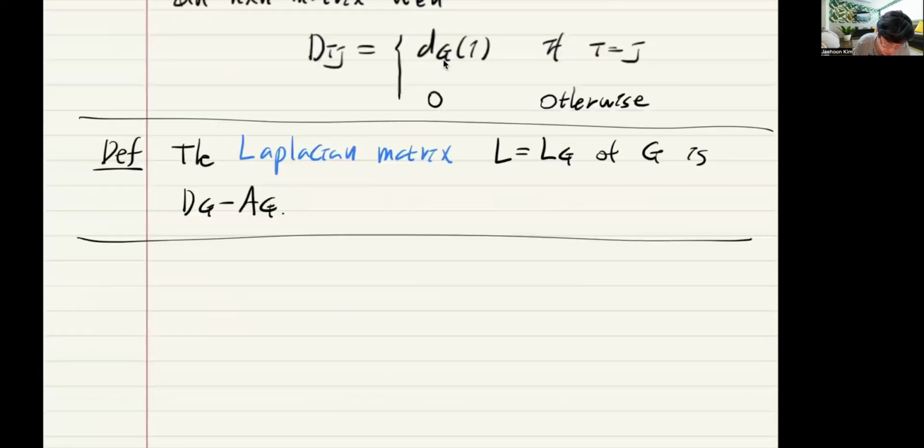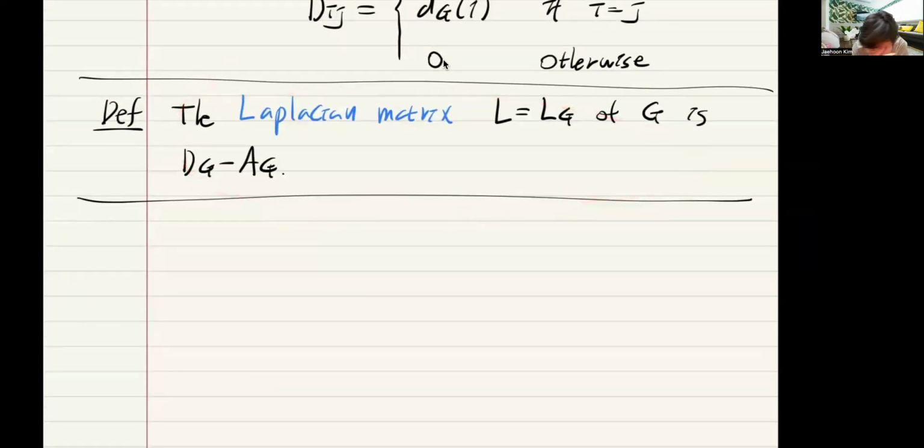So our main focus is the adjacency matrix and the Laplacian matrix. For these two matrices, they have something in common. They are both n by n square matrices, and also they are symmetric: the ij entry and ji entry are the same. So these are real symmetric square matrices.